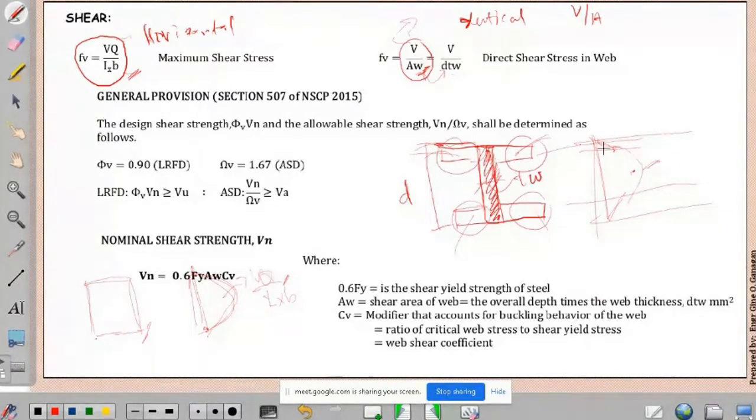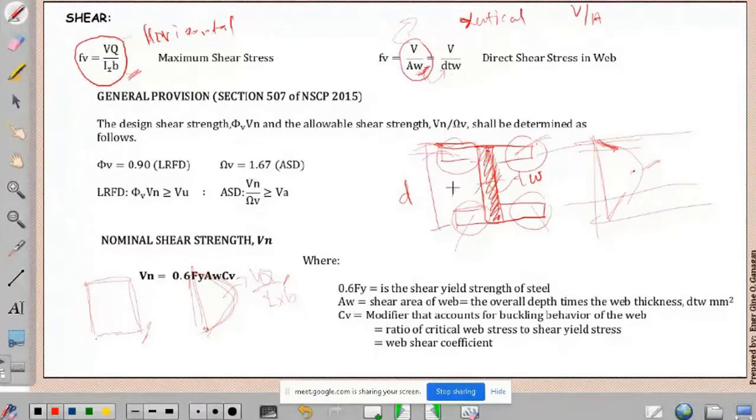So ito yung pinaka-stress natin sa flange. Maliit lang actually yung shear stress sa flange. Kaya nine-neglect na natin yung ating effect ng flange. Kaya ang kino-consider lang natin is the area of the web. Okay? So kung mapapansin ninyo, napakalaki ng difference ng shear stress sa web compared to that of the flanges. So that's why yung nag-govern na shear strength equation natin is yung sa web lang for the I shape.